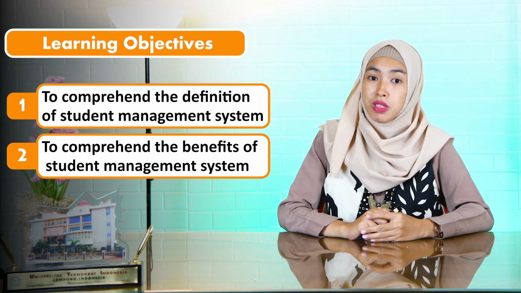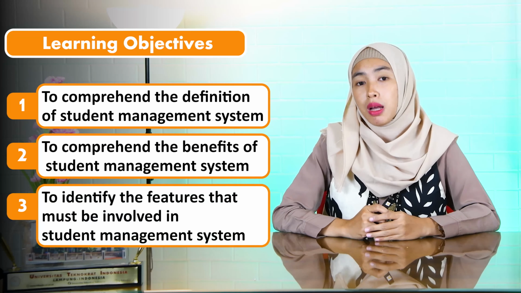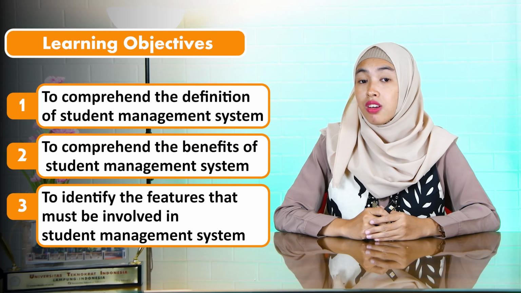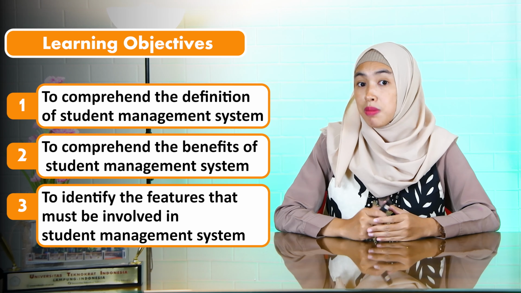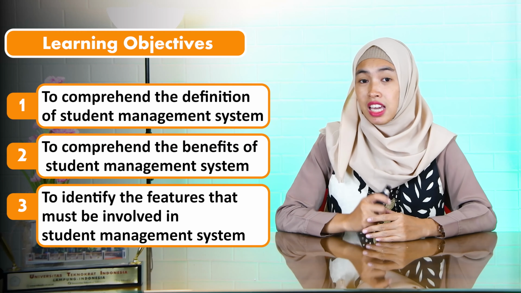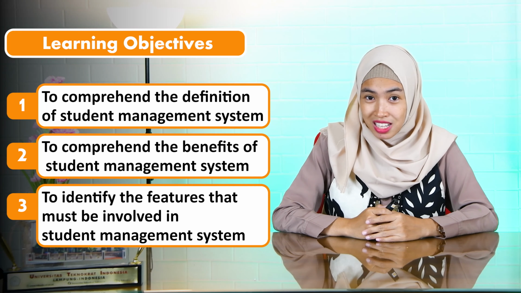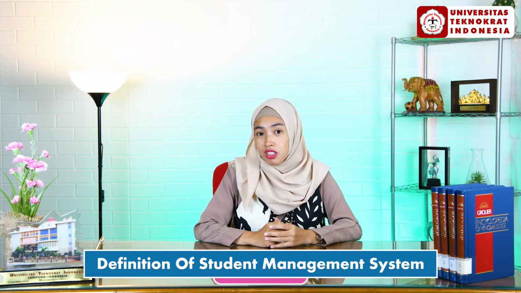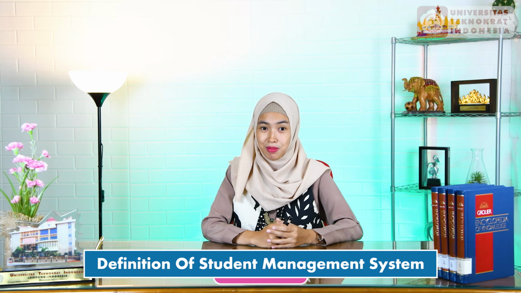And the last learning objective, you are able to identify the feature or the data that must be included or involved in student management system. Alright, without further ado, I will start to explain by the definition of student management system.